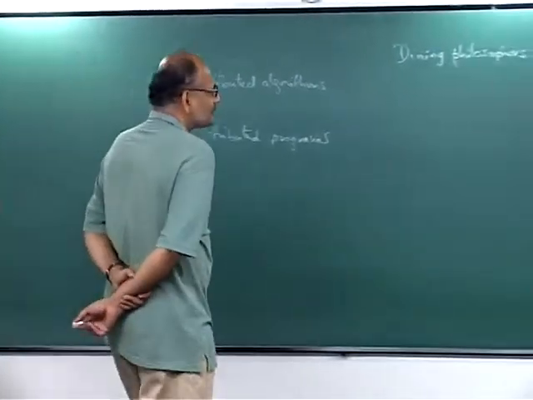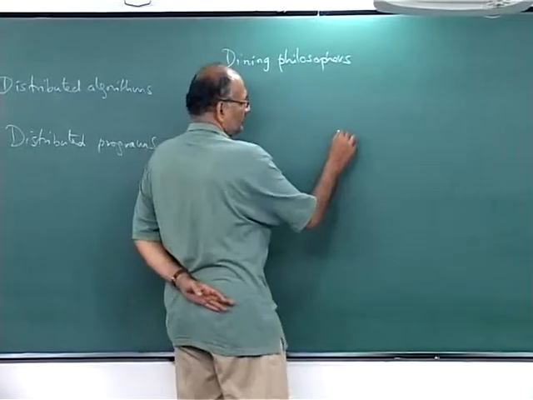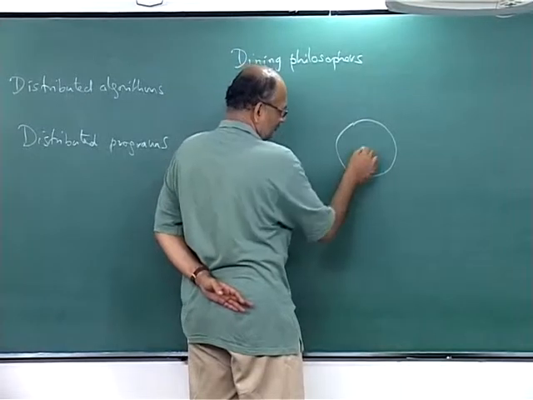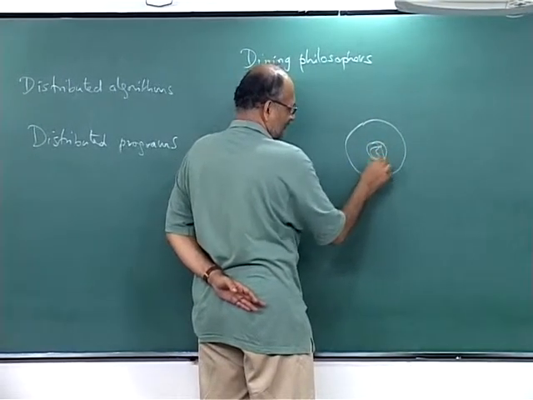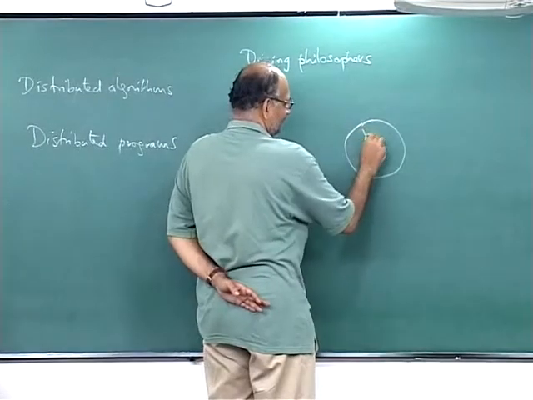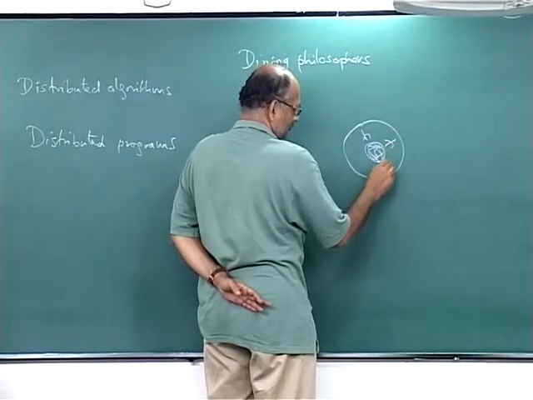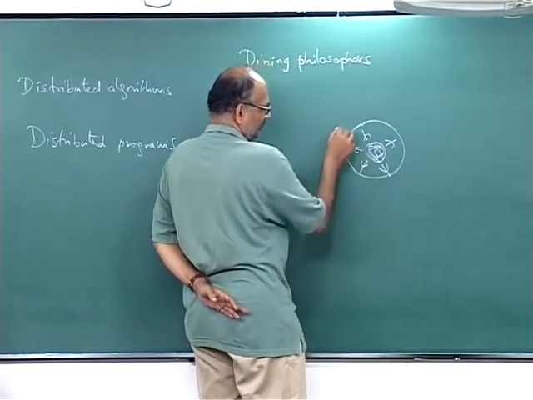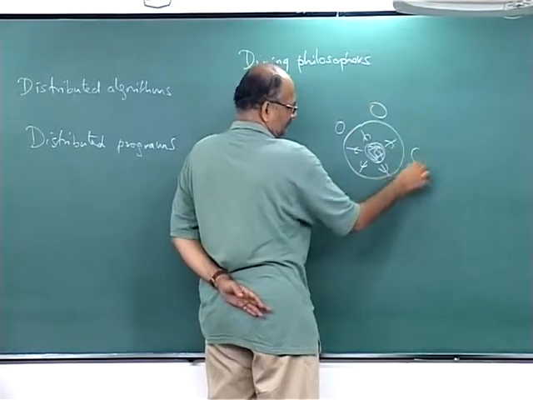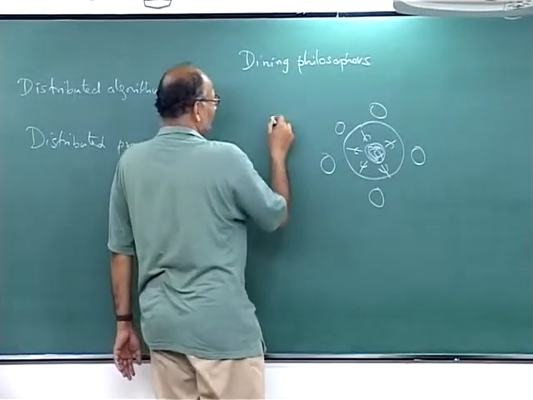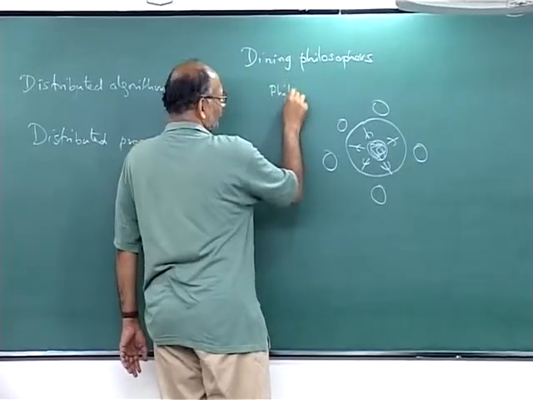The basic problem is very simple. You have this table and there are some noodles, and then there are 5 forks here, and there are 5 philosophers.